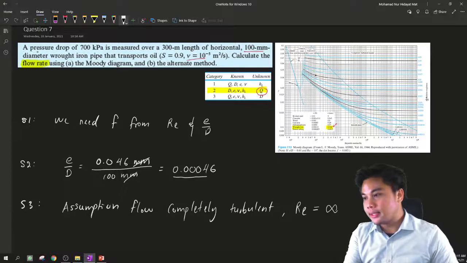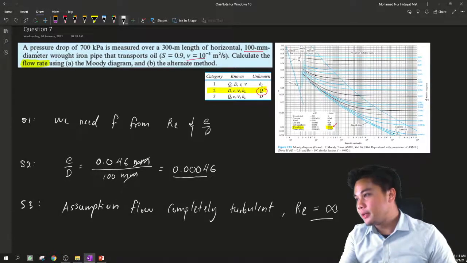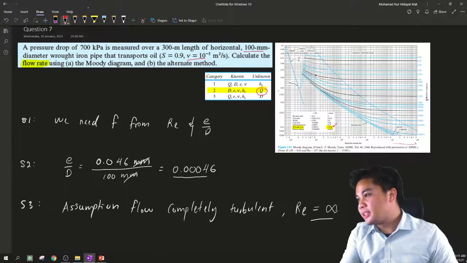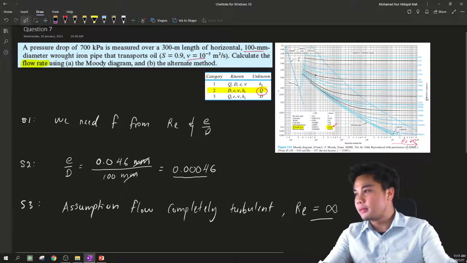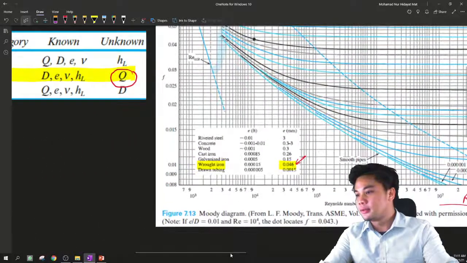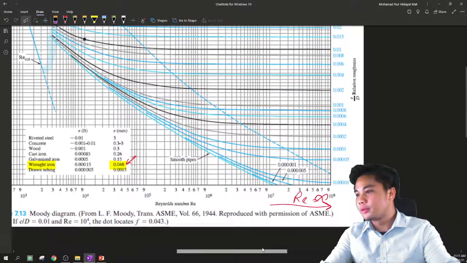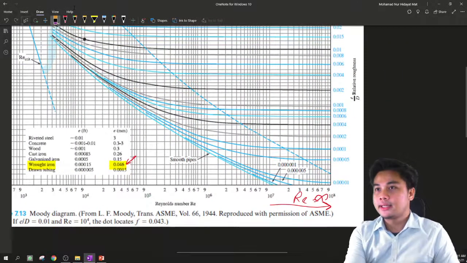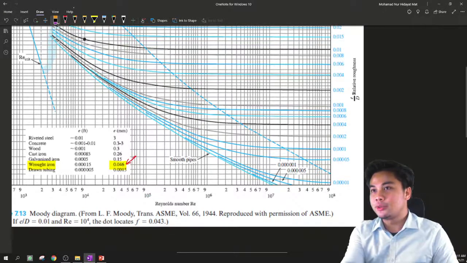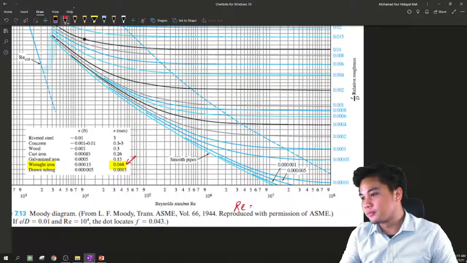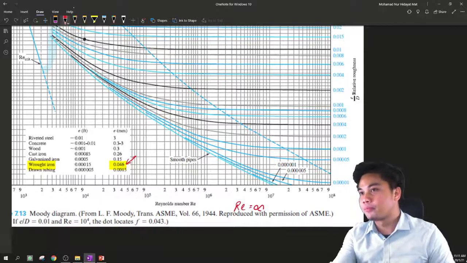This Reynolds number infinity refers to this line on the right, since it's a very big number.